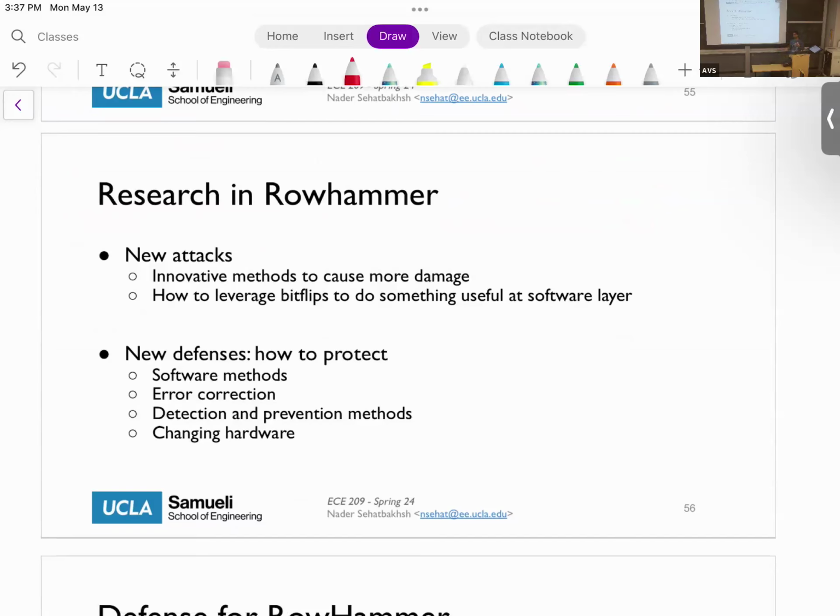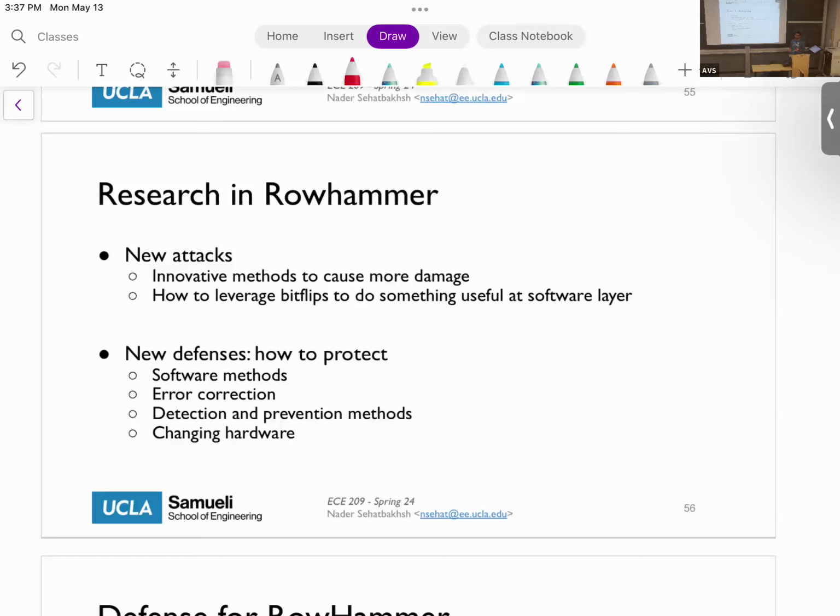There's tons of new attacks, and as you will see next week, you will see interesting papers with innovative ways of doing Rowhammer. The defenses are essentially about how we protect against this, and they are divided into different categories. There are software methods to protect the memory.